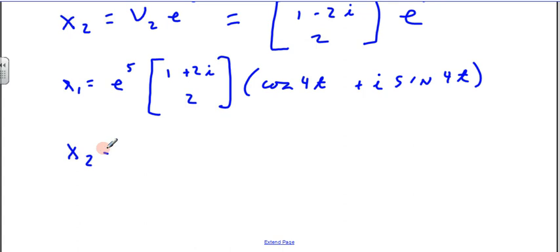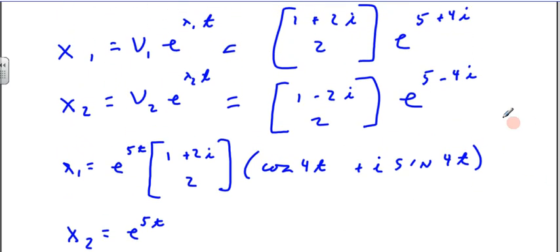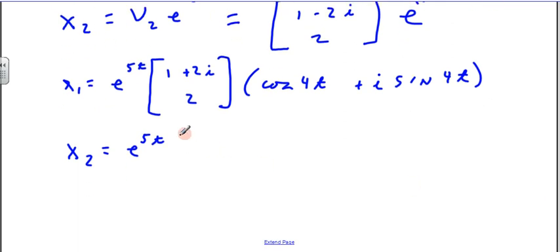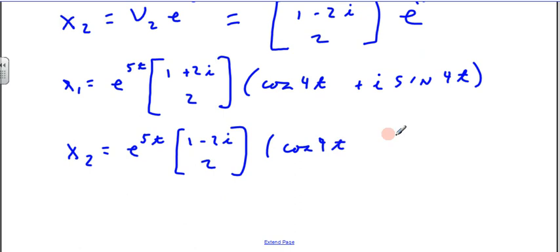x2, I'm going to bring out the e to the 5t, and I left the t out of these guys, didn't I? Okay, that's better. I feel better now, and I've got 1 minus 2i, 2 down there, and I've got cosine 4t.